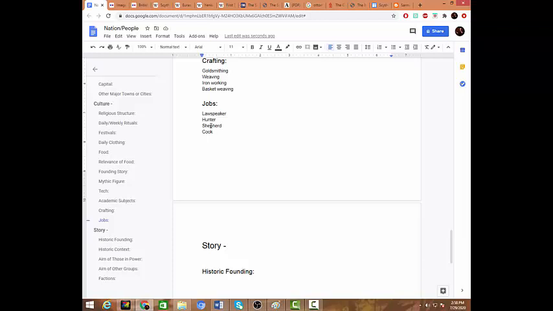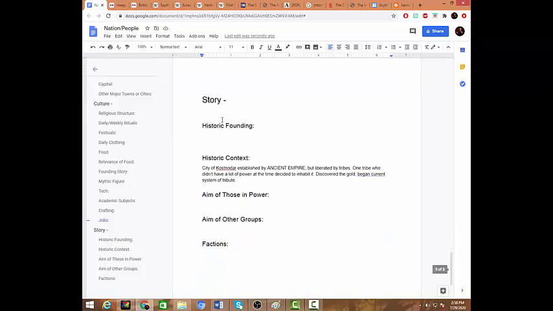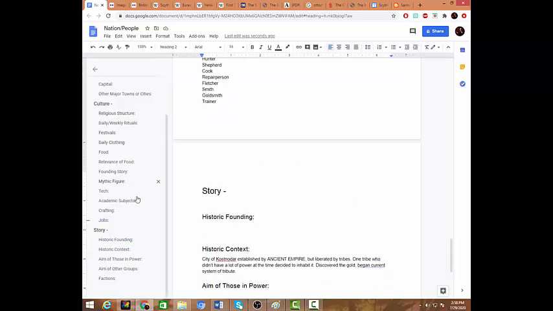I think there's a general repair person who goes around and patches tents. Fletcher, smith, goldsmith, trainer. The trainer would train horses. And then all of these people, men and women, are expected to have some time where they go and fight.